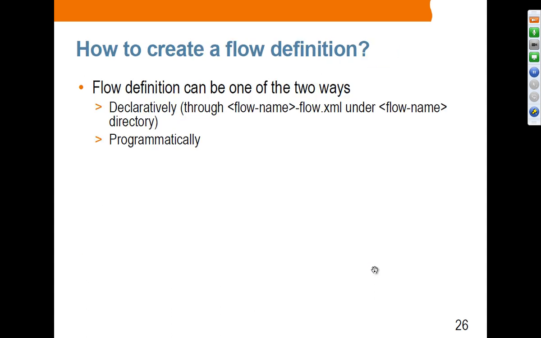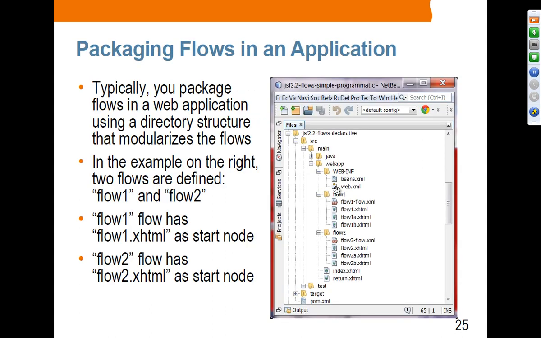Each flow should have a flow definition. A flow definition can be defined declaratively through an XML file, or it could be defined programmatically. In our previous example, each of these flows in fact has a flow definition file called flow1-flow.xml, and in this case flow2-flow.xml. So the naming convention is the name of the flow, a dash, and then flow.xml.